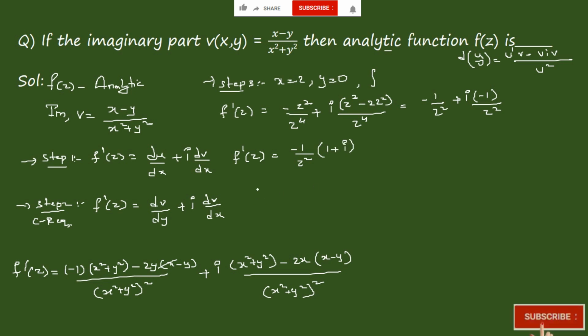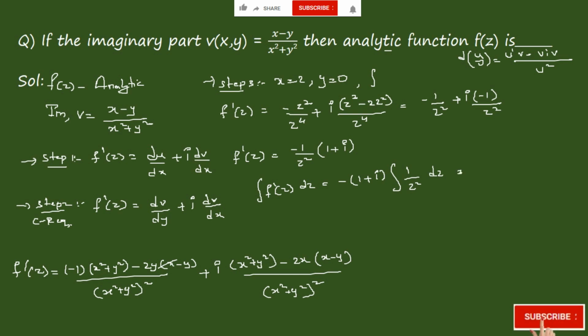Now we'll be doing the integration. So integration of f dash of z dz is equal to, if you consider minus and 1 plus i as constant terms, then it becomes minus of 1 plus i and integration of 1 by z square dz, right?